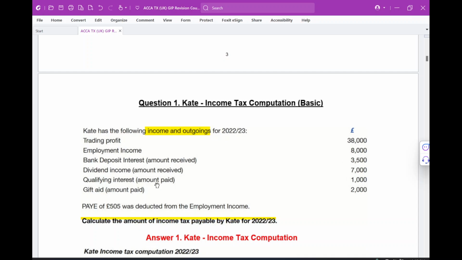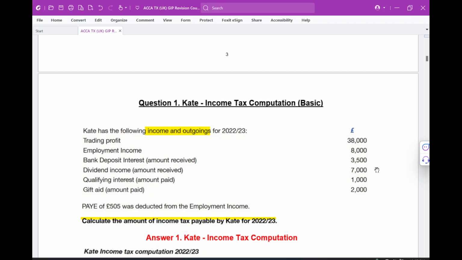Maybe, maybe not. In addition to that, we see dividend income. Again, a reference to amount received. In other words, received into the bank account or perhaps building society account by Kate, our taxpayer. So, some question marks here about whether or not these items are gross or indeed net.